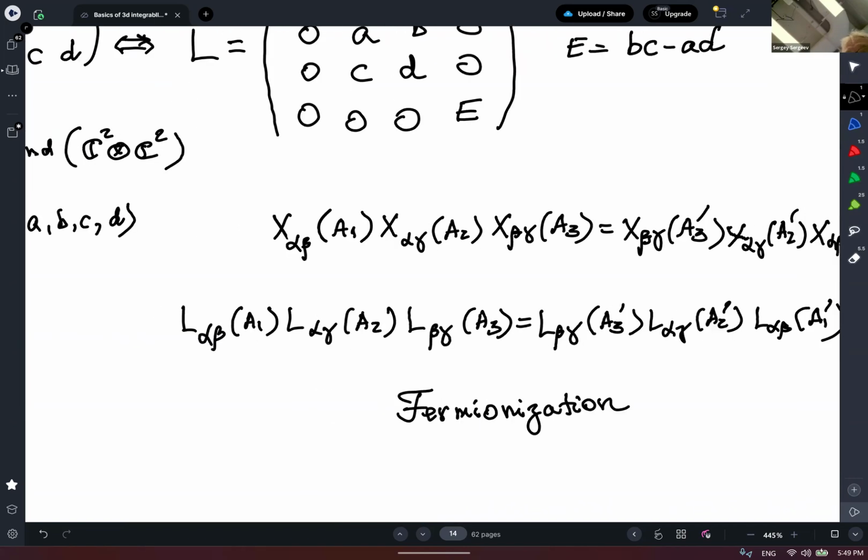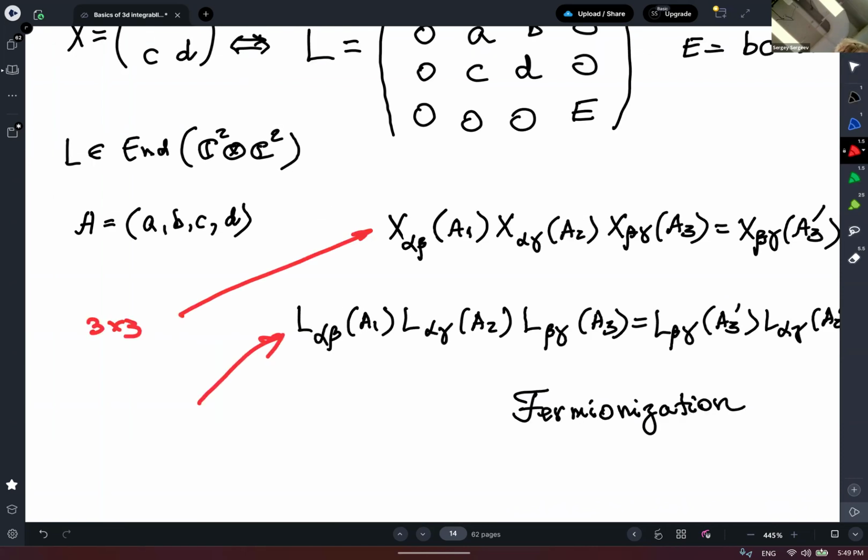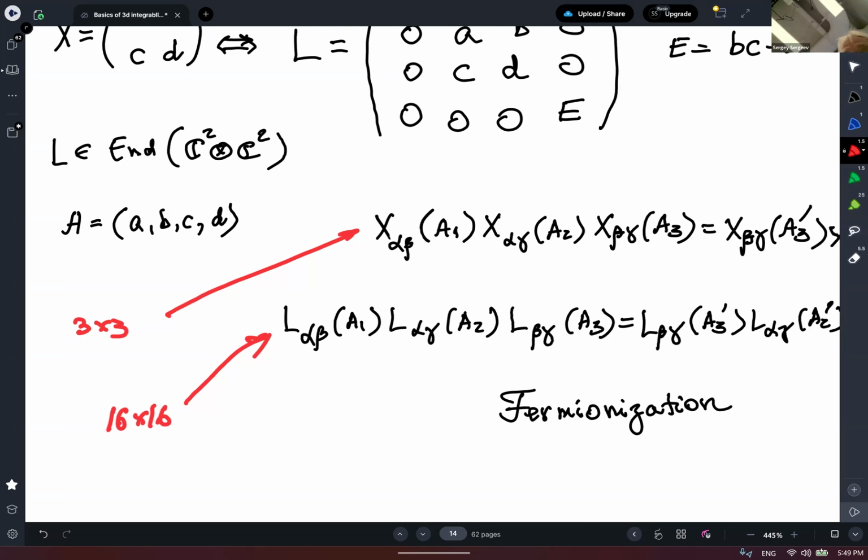Here you have a 3 by 3 matrix. But here the matrix is 16 by 16. But anyway, the set of relations inside, it's the same. They're absolutely equivalent.